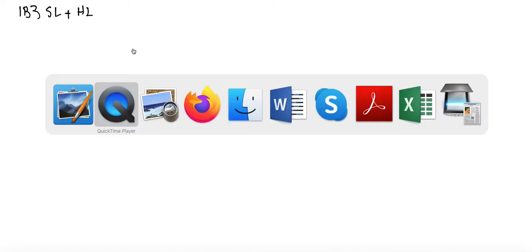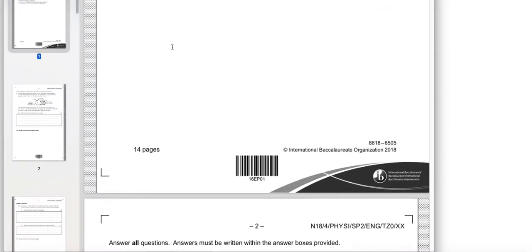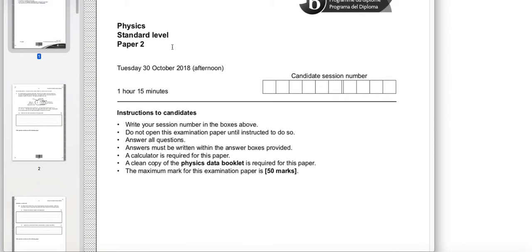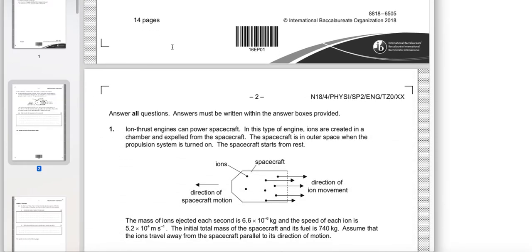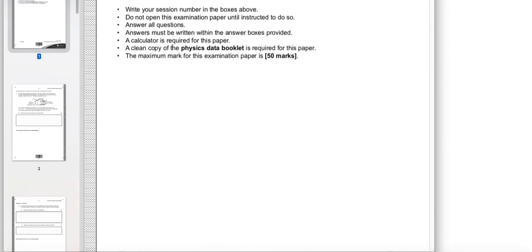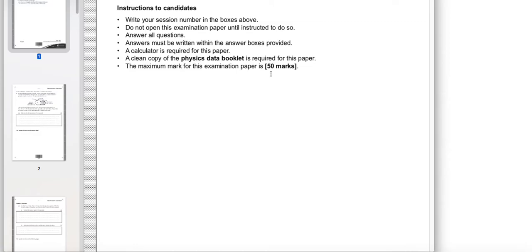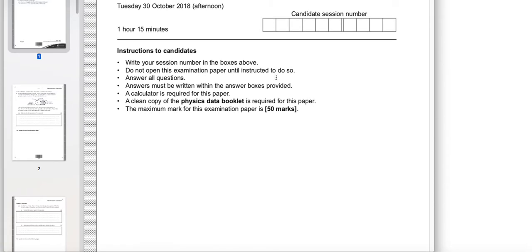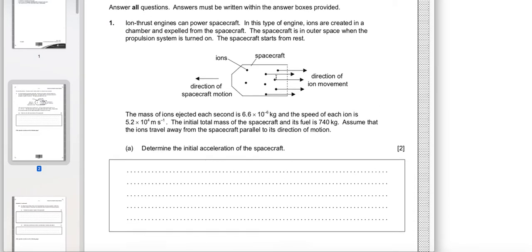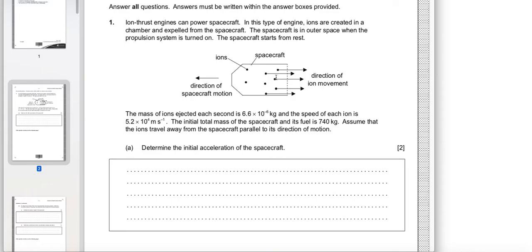Your task now is to open the November 2018 session paper and solve all exercises. Remember that you have 1 hour and 15 minutes, but let's say you have 1 hour.